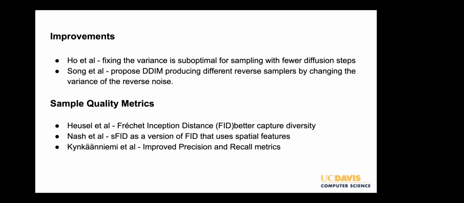Finally, they also had some definitions in the background related to precision and recall. These are used to separately measure sample fidelity, as the fraction of model samples which fall into the data distribution, called precision, and diversity, as the fraction of data samples which fall into the sample distribution, called recall.